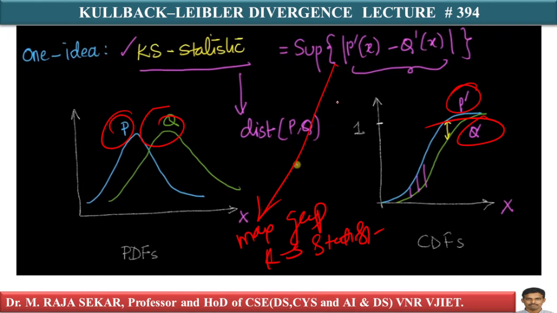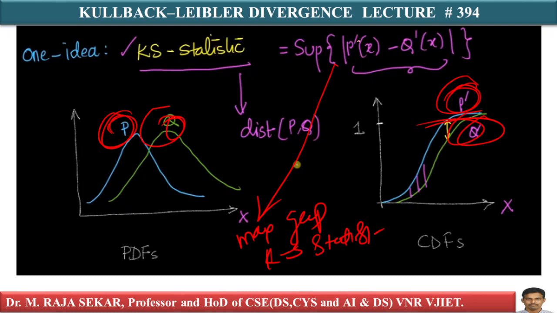The more similar P and Q are, the more overlapping you can find between P dash and Q dash, isn't it?